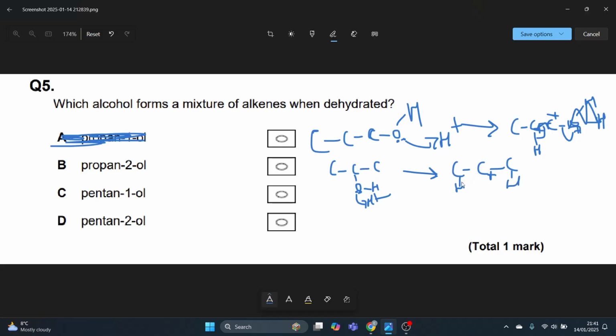However, if I form the double bond here, it's still going to be the same.